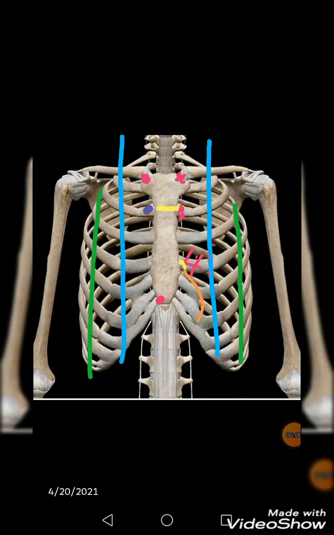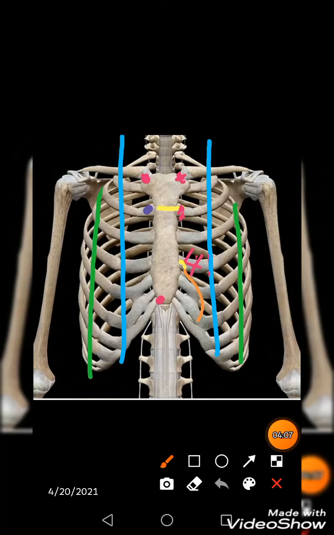The surface marking of the lungs, as you know, is important for us, and we can visualize the apex of the lungs present here, with the covering of its cervical pleura and the suprapleural membrane or Sibson's fascia. It is rising almost 1 inch above the medial 1/3 of the clavicle.